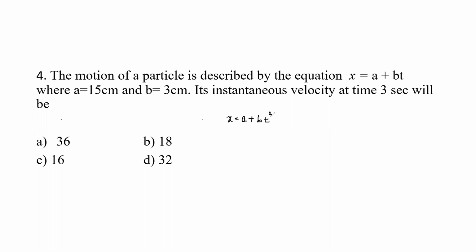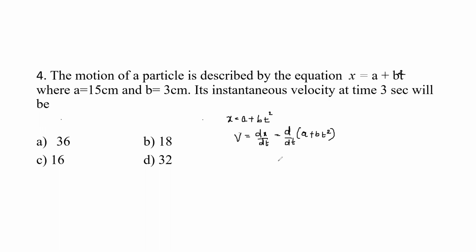Actually it is given as x is equal to a plus bt square. Not only bt, it is bt square; here in the question you can make it bt square. Then they have asked you to calculate the velocity. So velocity is dx divided by dt, am I right? That is d divided by dt of (a plus bt square).